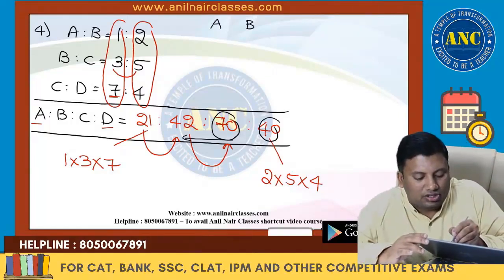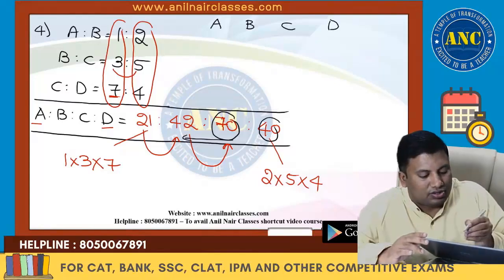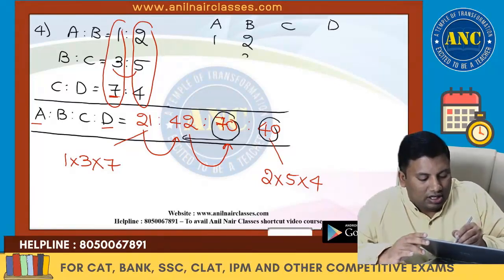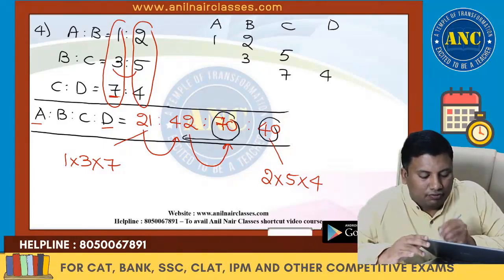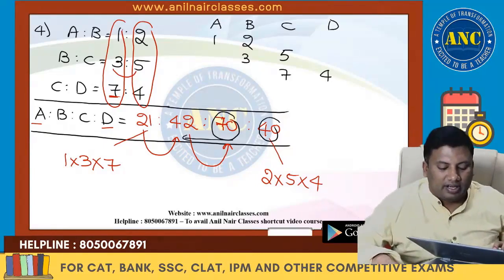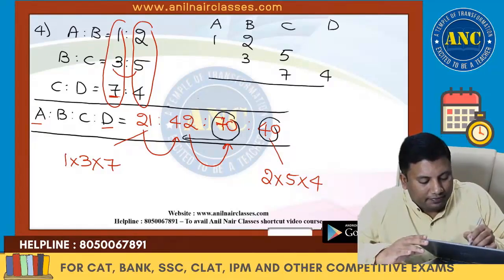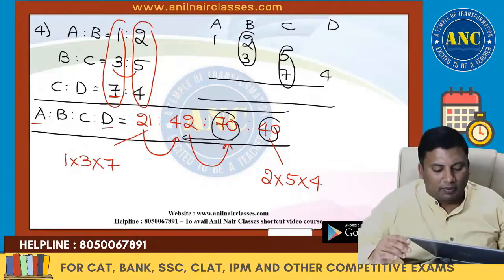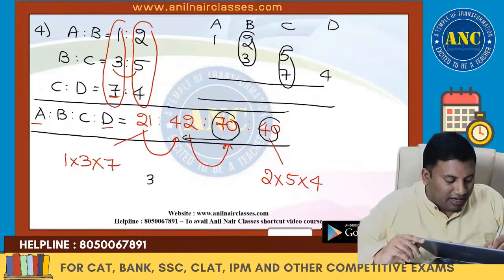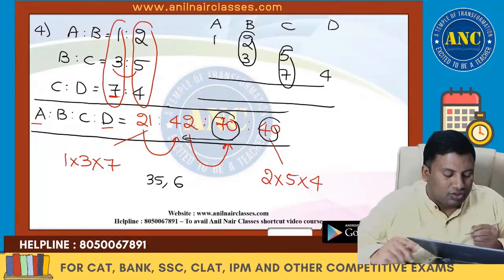Sir, can I use this also? These also you can use: 1 and 2, these 3 and 5, these 7 and 4. What you do is, the 5 and 7 should be common, and 3 and 2 should be common. 7 5s are 35, 3 2s are 6.